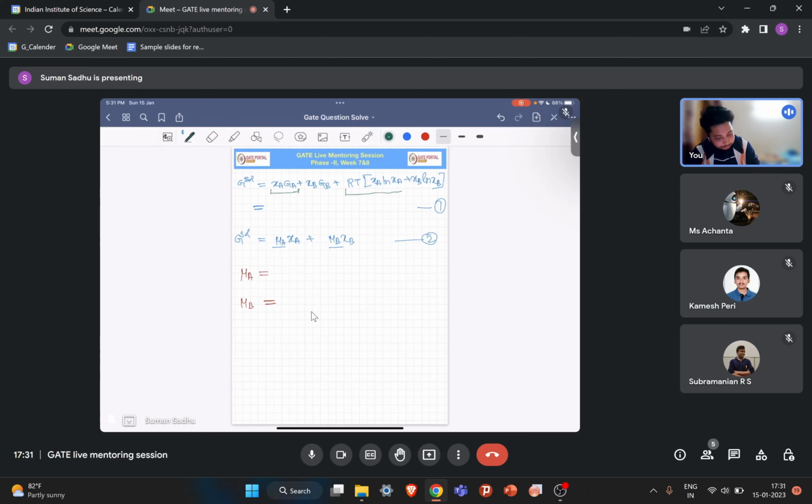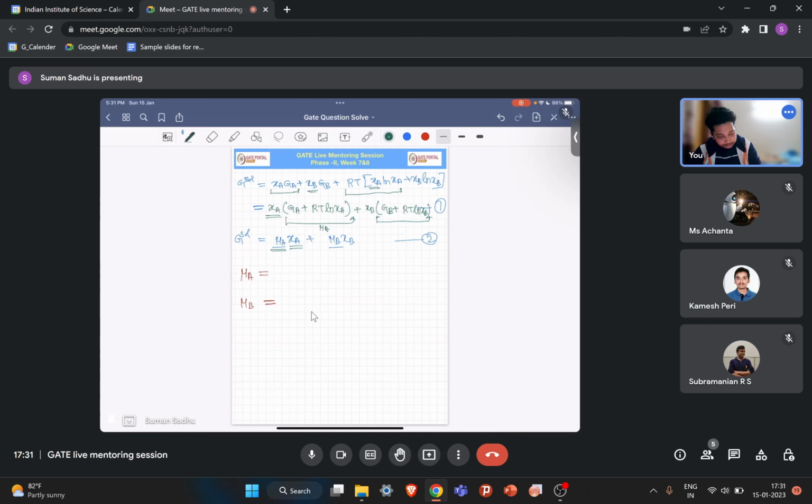Take this part and this part, and take xa common. If you take xa common, it will be Ga plus RT ln xa. Similarly, from this part you take xb common and write Gb plus RT ln xb. Now if you compare, xa is there, so your mu a will be this one and your mu b will be this one.